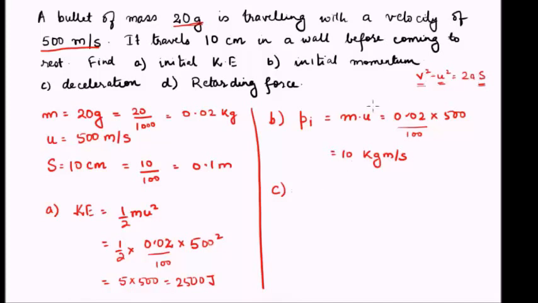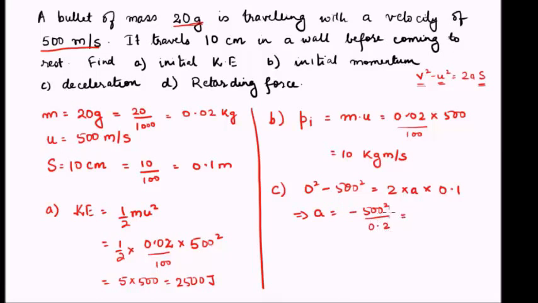Let's use this relation. So 0 square minus 500 square is equal to 2 times A times S, and S in SI unit is 0.1. This gives us A equals negative 500 square by 0.2.